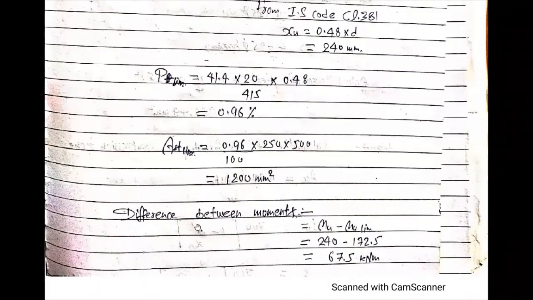Now we'll find the difference between moments, Mu minus Mu limiting. So 240 minus 172.5 comes out to be 67.5 kilonewton meter.